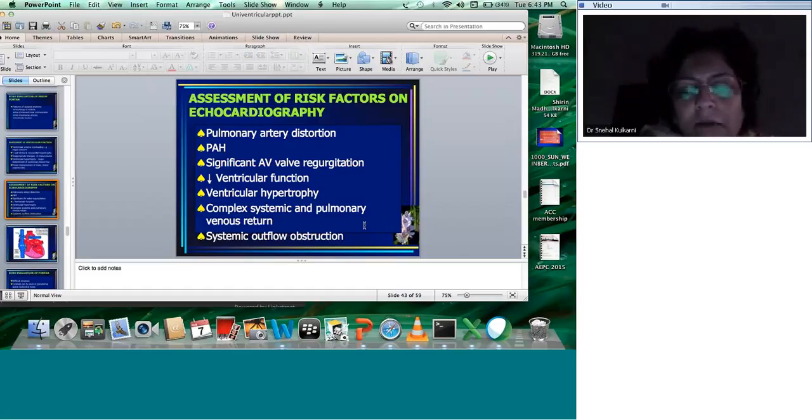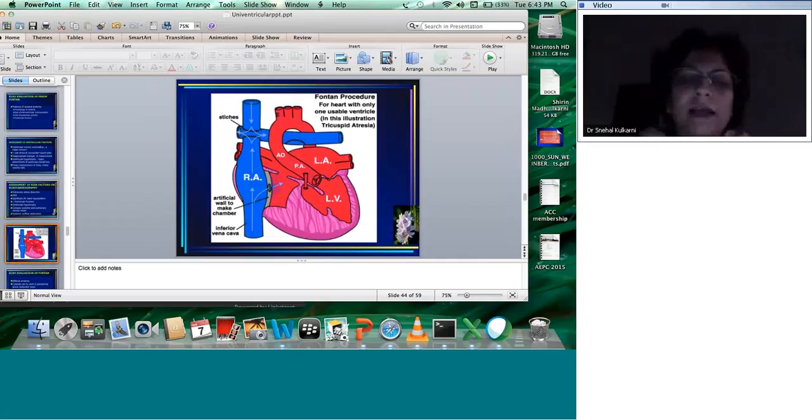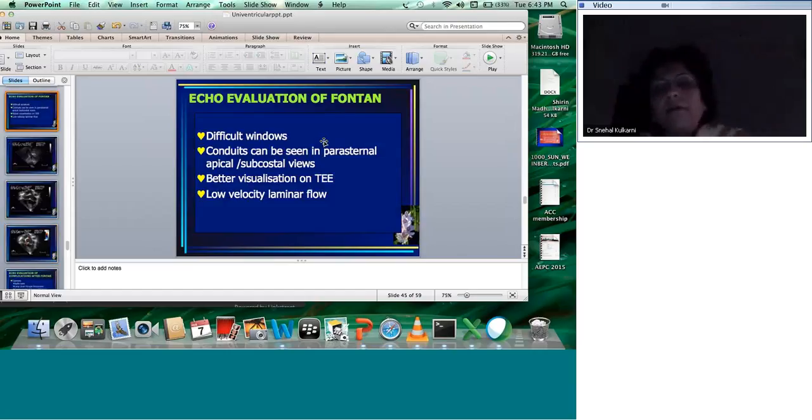But if your ventricular and pulmonary artery anatomy is distorted, your pulmonary vascular resistance is high, and your ventricular function is down, they are significantly incremental risk factors for a univentricular heart. Now this is a diagram of a Fontan completion, your IVC and SVC going into the pulmonary artery, and again we have to have a good pressure to flow into the pulmonary artery. So this pressure and the resistance definitely has to be low.